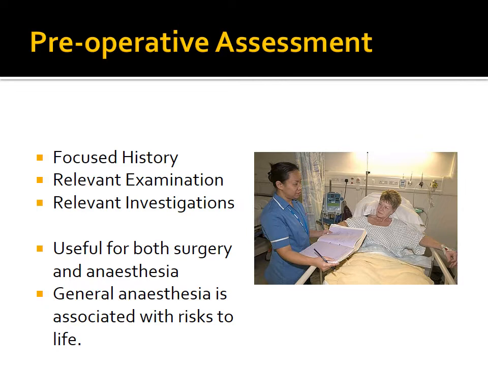So that's what we mean by a focused history. And a relevant examination is also an examination relevant to what you found in the history and with the patient's presenting complaint. And similarly, relevant investigations are also investigations that you perform relevant to the history and examination you have done. So this is very important and useful for both surgery and anesthesia because both surgery and anesthesia are associated with higher risks to patients' lives.